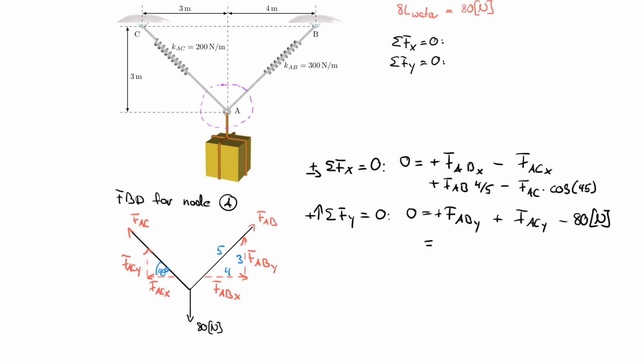In the y direction, now we have FAB multiplied by 3 over 5 plus FAC times the sine of 45 minus 80 Newton.